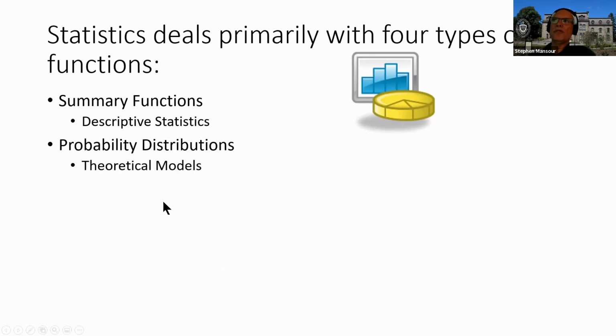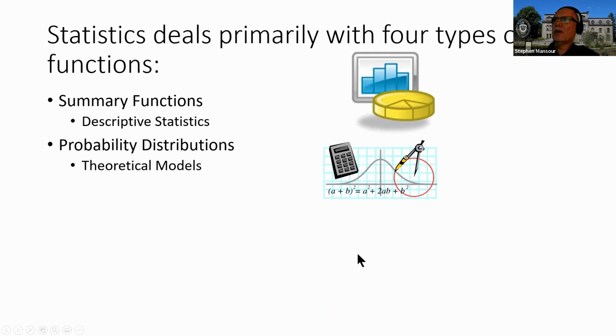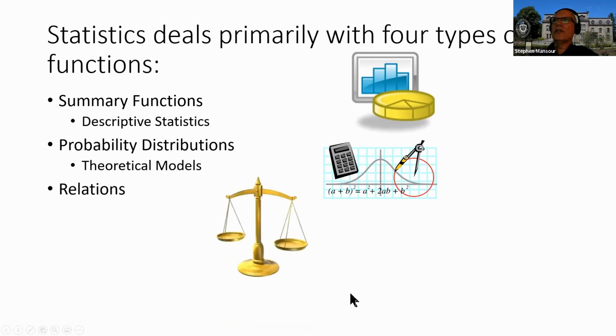Probability distributions, and these are more theoretical models, and Ron talked about a few of those, are another type of function that we use in statistics. Relations. We often talk about relations such as less than or greater than or equal to, and of course we have these functions in Dyalog APL.